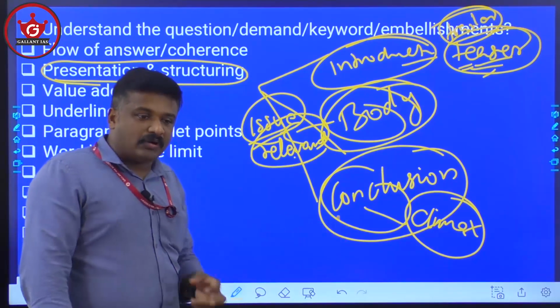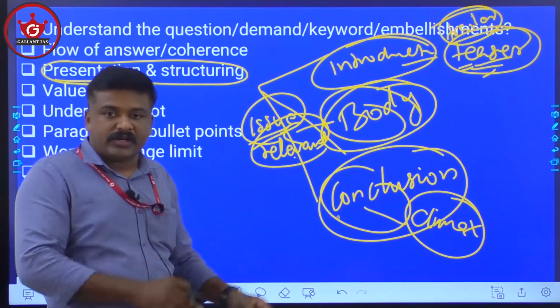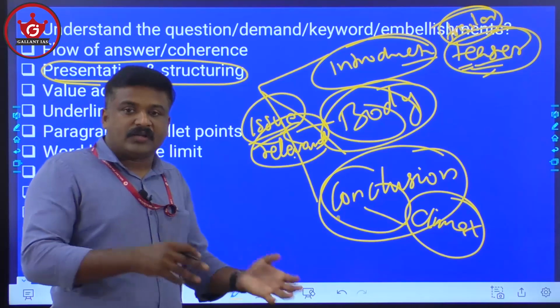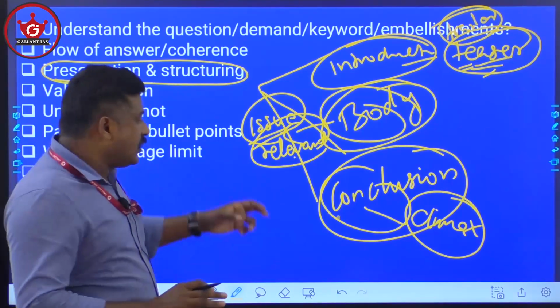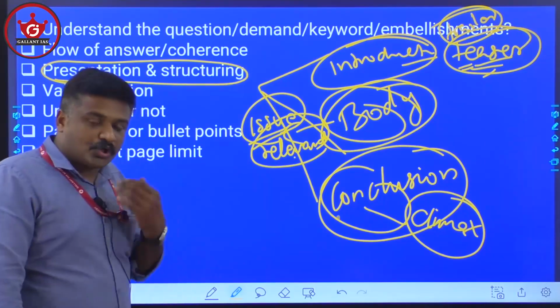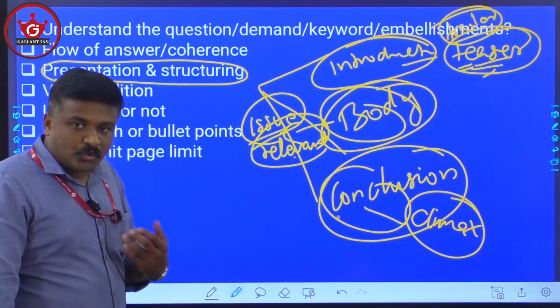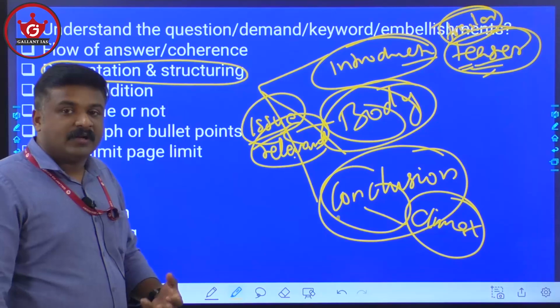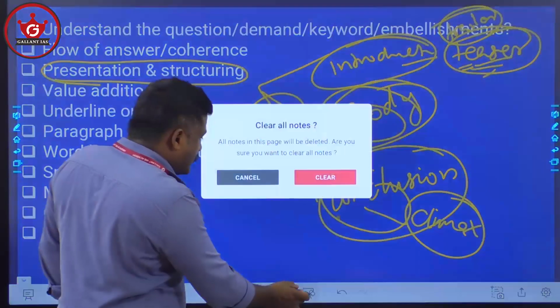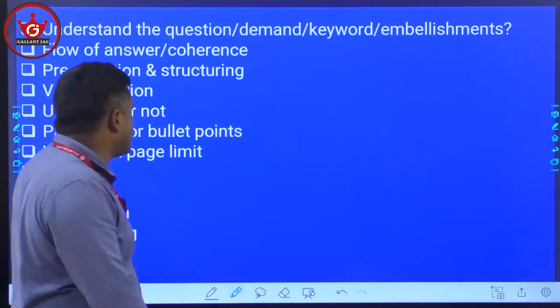Conclusion should not be reframing whatever you discussed in the body, repeating the same things in other words. That should not be the conclusion. Conclusion should be futuristic, a way forward, problem solving, dynamic, and positive. Your subject-wise mentor will help you in every subject on how to write a conclusion.